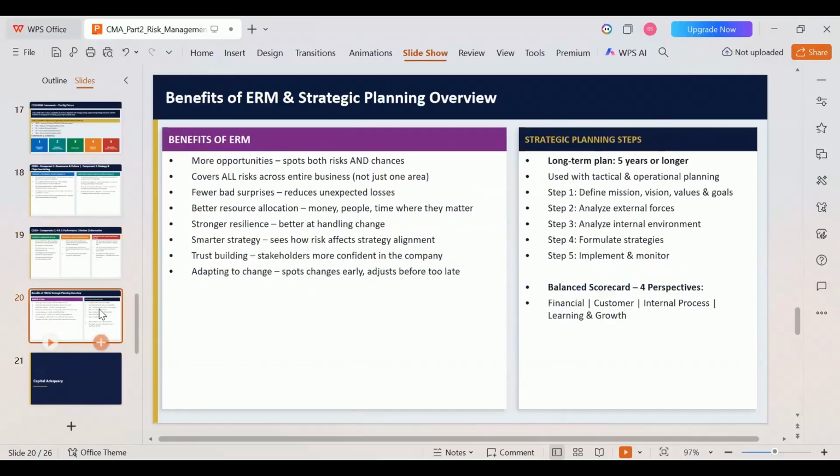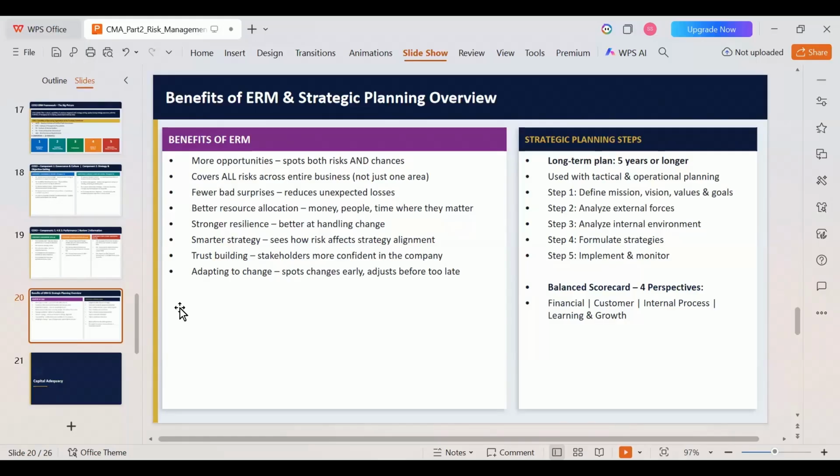Okay, so next up, what are the benefits and limitations of ERM? So now in enterprise risk management, we also conduct a SWOT analysis. Okay, so we will come to know more opportunities. So what are the risks that we have, and what are the opportunities that these risks are creating for us?